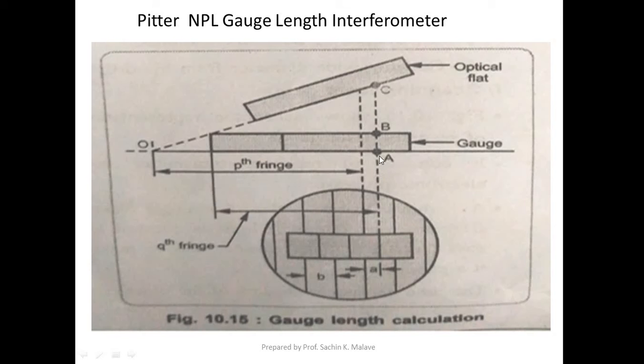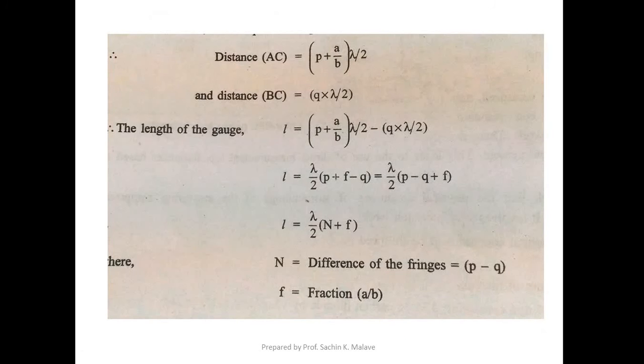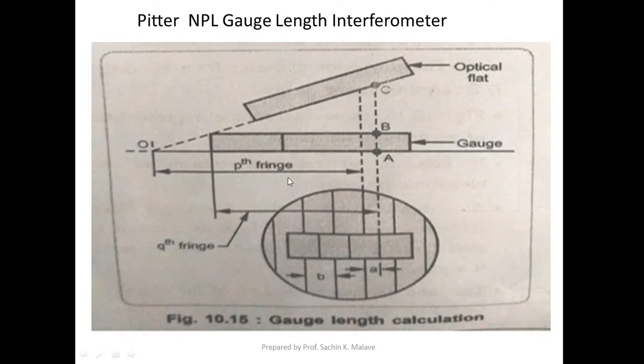So we can easily find out this distance AC. So distance AC is nothing but p plus a by b into lambda by 2, n lambda by 2. So here in this case n is nothing but p plus a by b. Okay, so how is it coming?